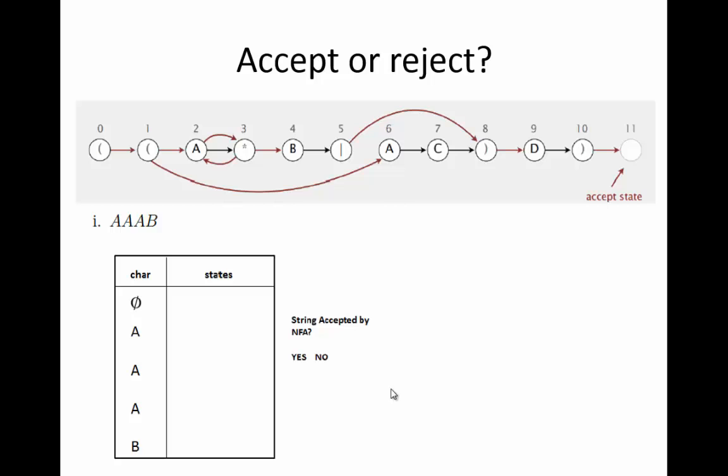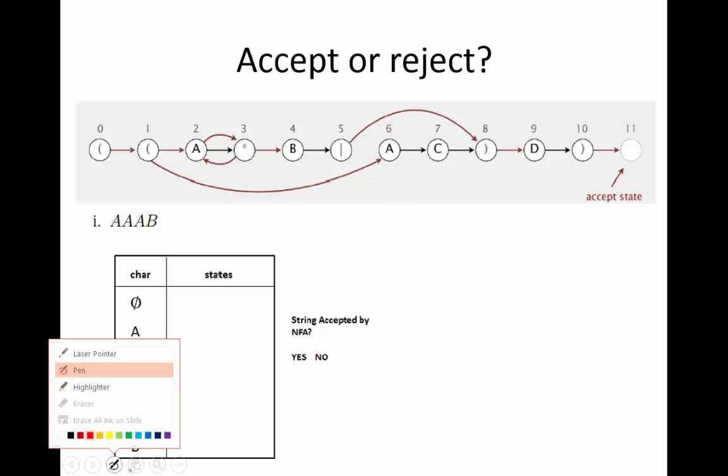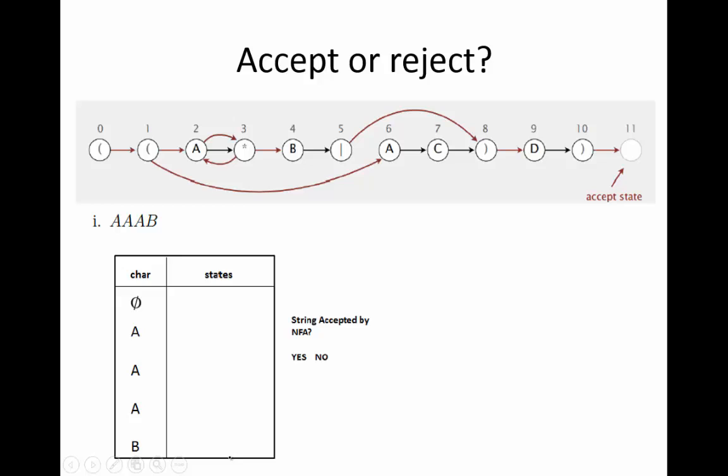So the next problem is based on the NFA simulation. What we're trying to determine is that given an NFA, as this, the machine, and given a string, we want to know whether the string is going to be accepted, and how do we know that? This means that if you run the string through the NFA, you must reach the accept state. Now, unlike a DFA, NFA can be in multiple states at any given point.